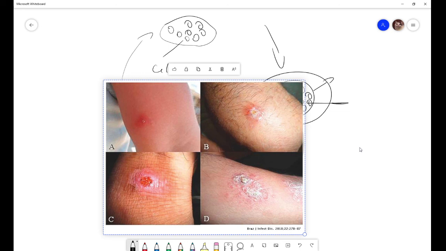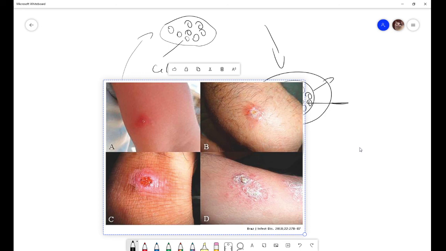A crust develops centrally, which may fall away, exposing an ulcer which heals gradually, leaving a depressed scar with altered pigment, and satellite nodules at the edge of a lesion are characteristic.